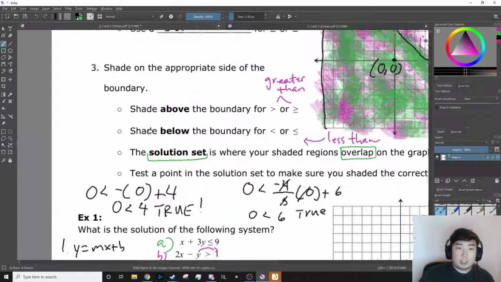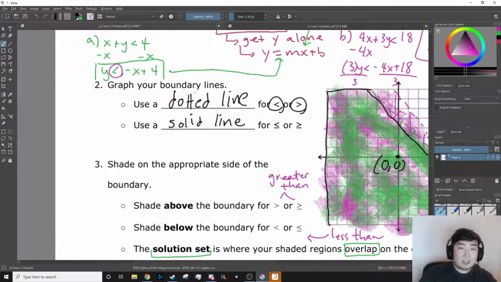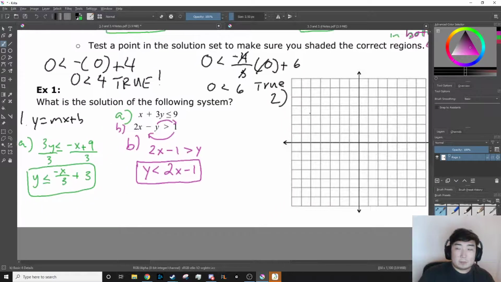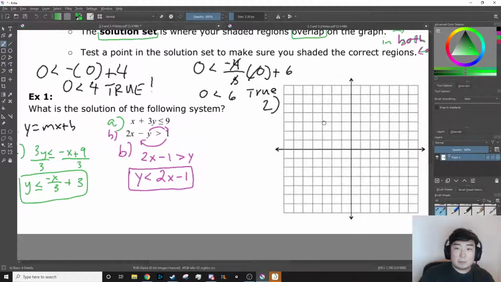The second step was to graph the boundary lines. So this will be step 2 right here. Using the green line, I go 1, 2, 3, and I go 1 down, 3 to the left. 1 down, 3 to the left. This is 2, this is 3. Nice. And I use a solid line because of the inequality. You see this equal to right here? That's why I'm going to use a solid line.